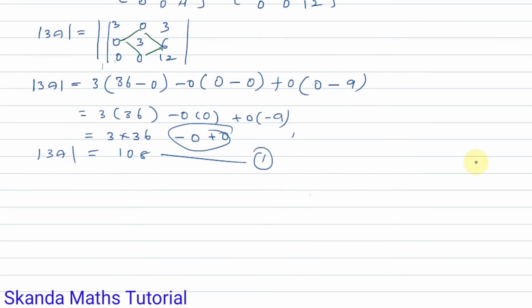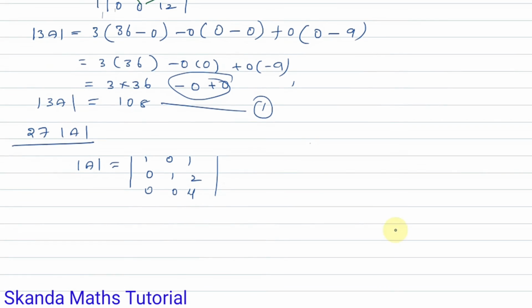Next we need to find 27 into determinant of A. To do that, first we need to find the determinant of A. Determinant of A is [1 0 1; 0 1 2; 0 0 4]. Do it either by column or row.